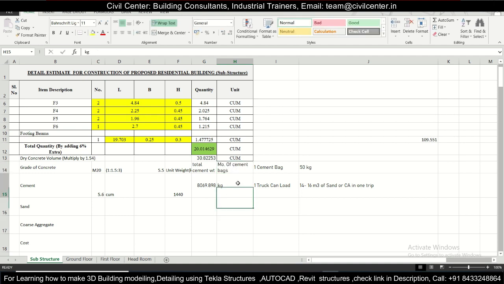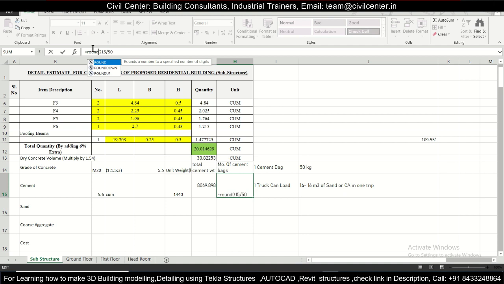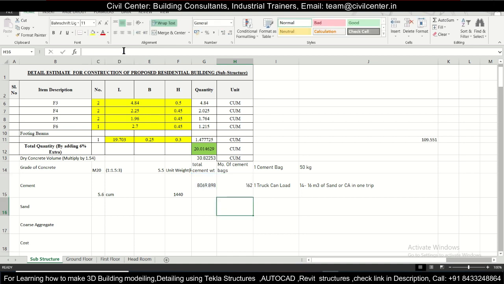So this will be this value divided by 50, because one bag contains 50 kg of cement, so approximately you can take 162 bags of cement. You can use the round up command to have a uniform value here, 162.